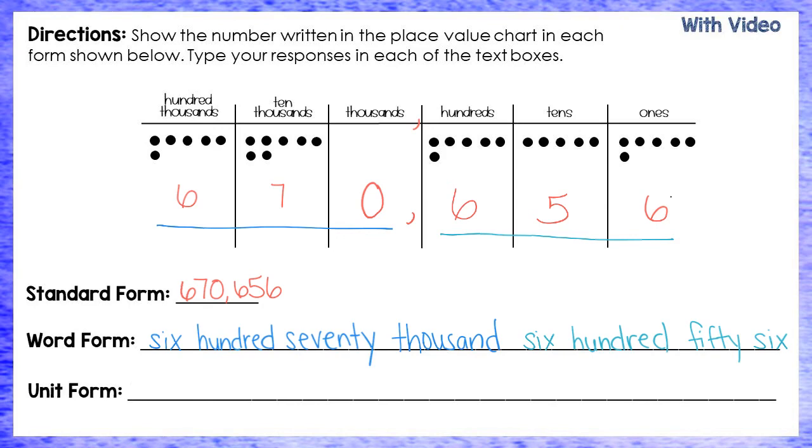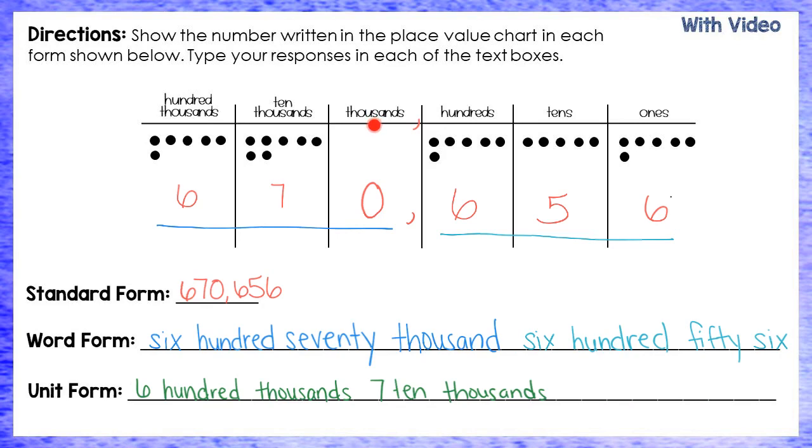Unit form tells us how much is in each place. So let's start with 100,000s. We have 6 in the 100,000s. Then we go to the next place. In the 10,000s, we have 7. So it would be 7 10,000s. Then we go to the thousands.